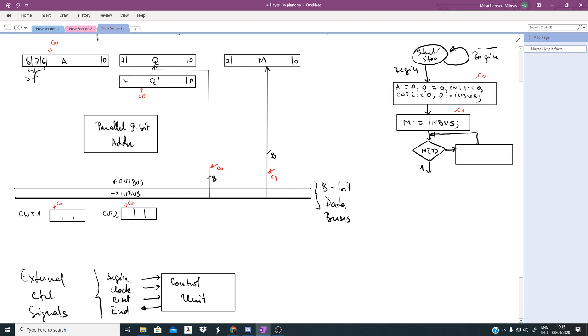Now, what we do here is shift through registers M concatenated with Q concatenated with A, and we increment counter 1.